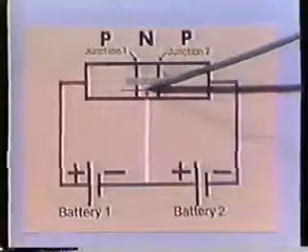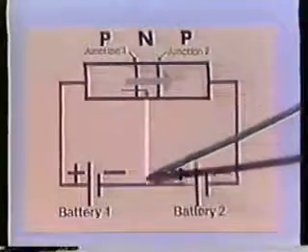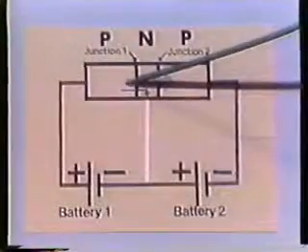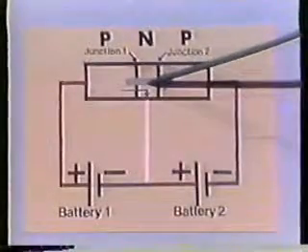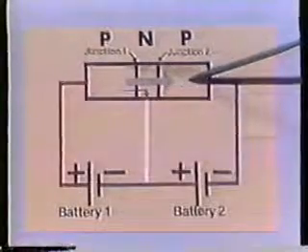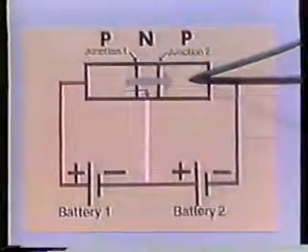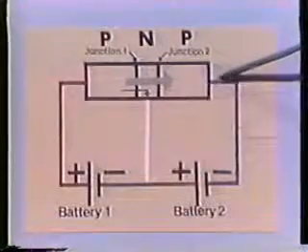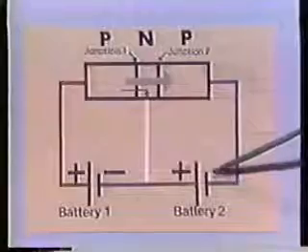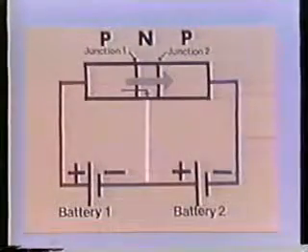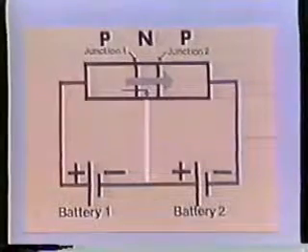Some of the holes will go out of the transistor to the negative terminal of battery 1. But since they are traveling very rapidly and the layer of N-type material is very thin, most of the holes will cross Junction 2 and enter the second layer of P-type material, where they will be attracted to the negative terminal of battery 2. Most of the holes will cross Junction 2 even though it is reverse biased.